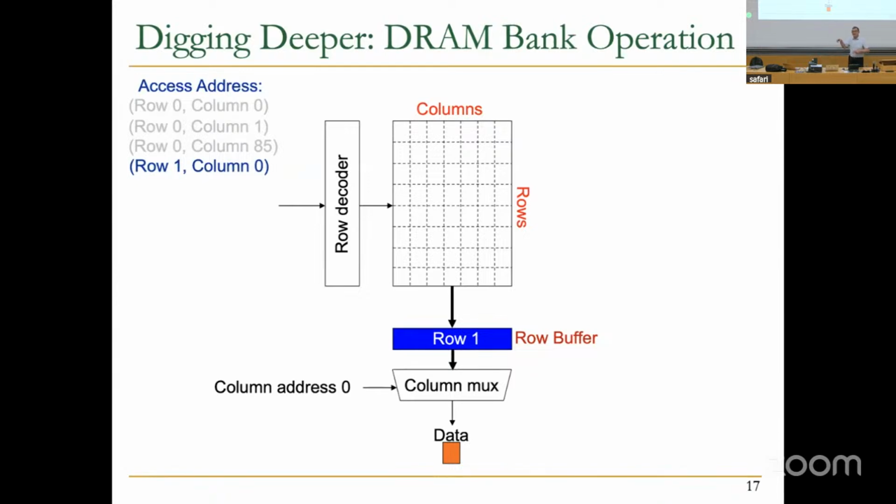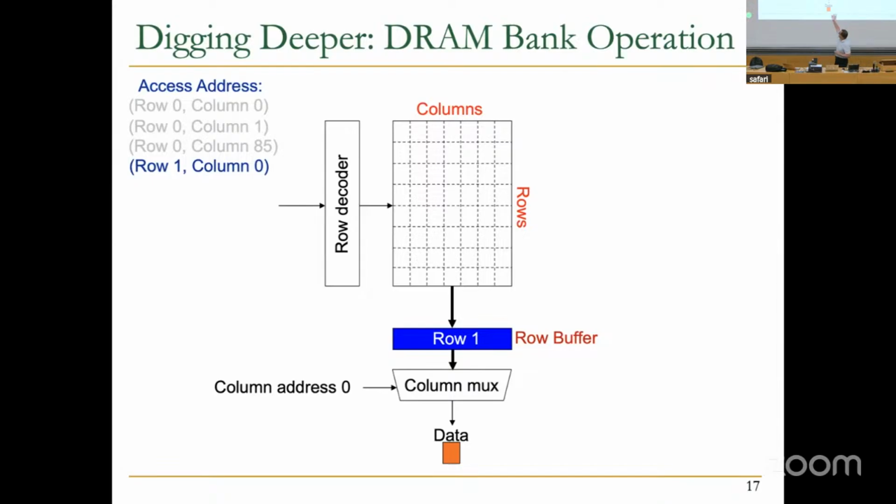If the access pattern of the processor is random, and you always keep accessing random addresses, you'll get row buffer conflicts, right? Because of the nature of randomness. If the accesses are truly random, then the probability of hitting in the row buffer is very, very low. You can actually calculate that probability with true randomness.